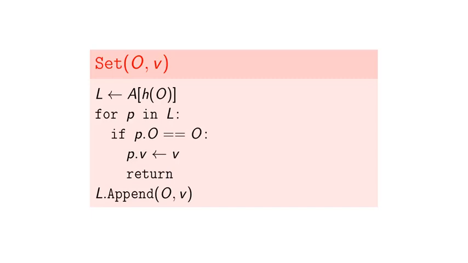If we go through the whole list and we don't find any pair corresponding to our object O, it means that there was no entry in our map corresponding to the object O previously, and it means that we need to add a new pair to our list. And we just append a new pair containing object O and value V to the list L corresponding to the cell number h of O.